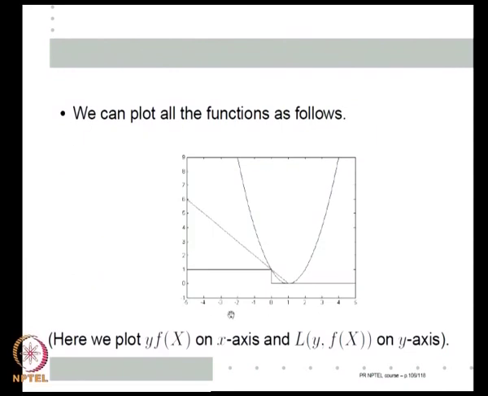We can plot all this, right. So, that is the 0-1 loss function. On the x axis I am plotting y times f(x), and on the y axis I am plotting the loss function L(y, f(x)). That is the 0-1 loss function, but that is non-convex. So, squared error is one way of convexifying it, and the hinge loss is another way of convexifying it.